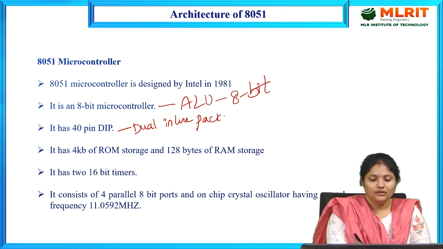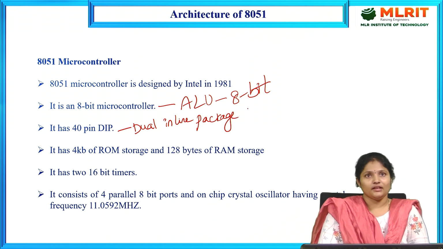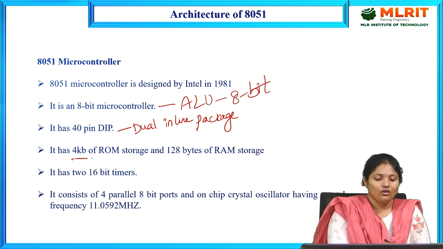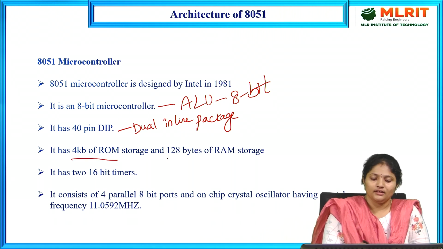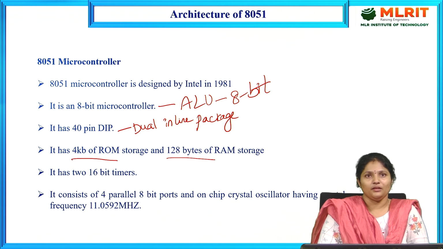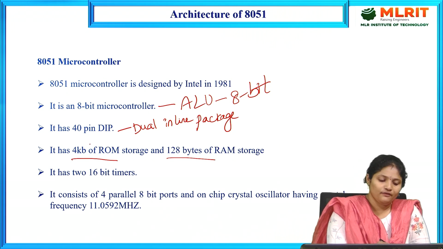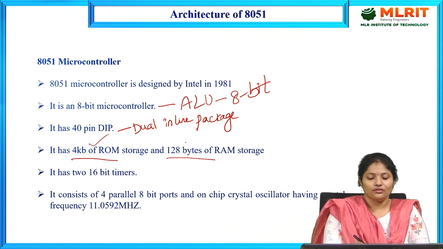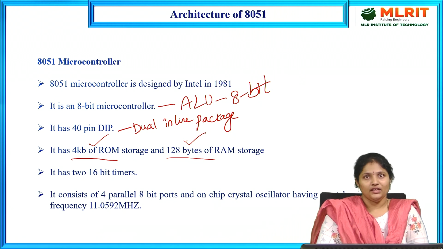The 8051 IC consists of 40 pins. It has internal ROM of 4 kilobytes and internal RAM of 128 bytes. To store the program memory, 4 kilobytes is there. To store the data, 128 bytes is there.